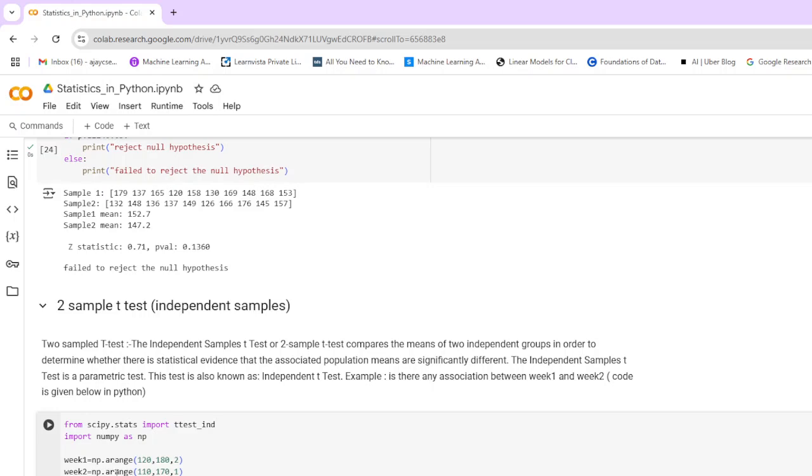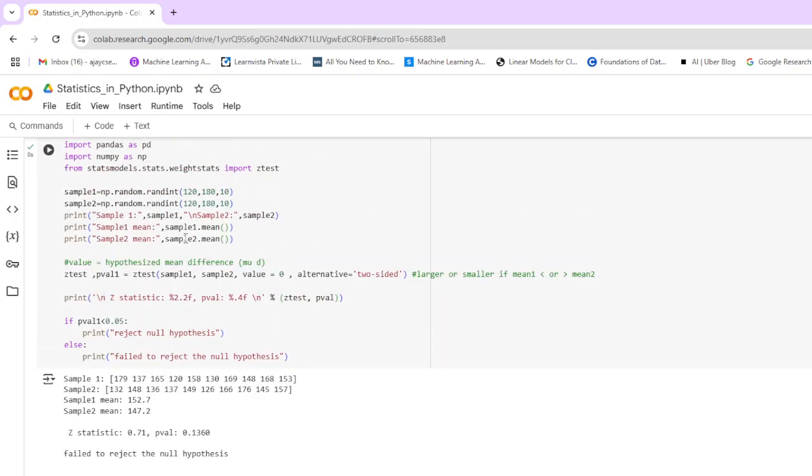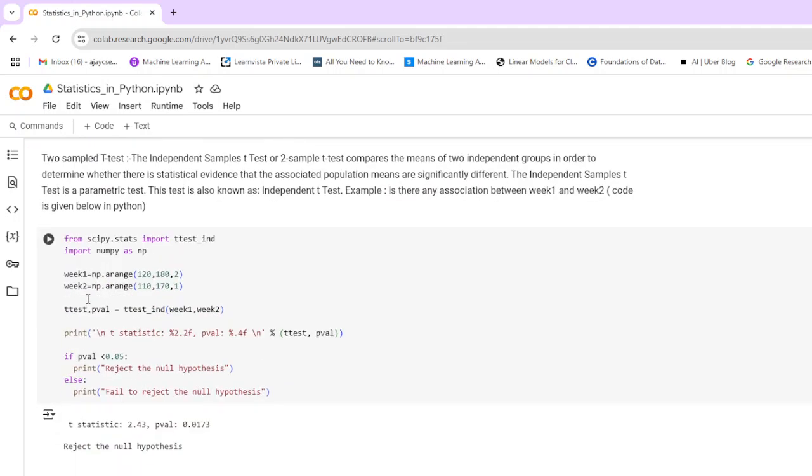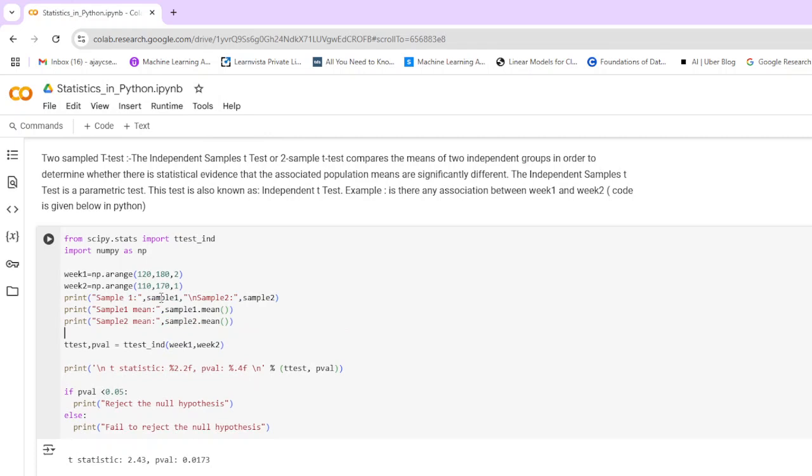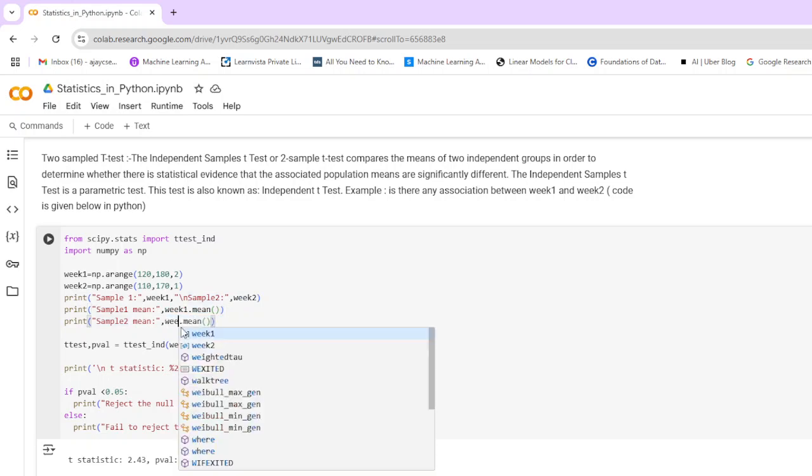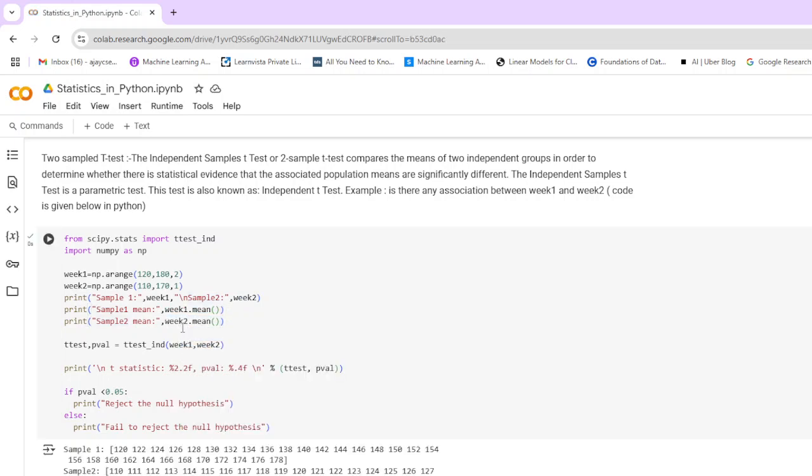I will show the values that we are getting.